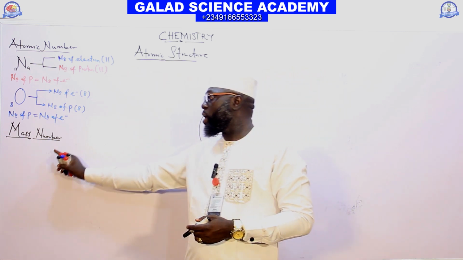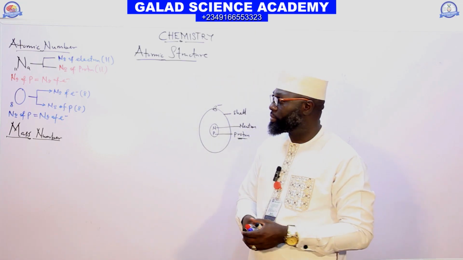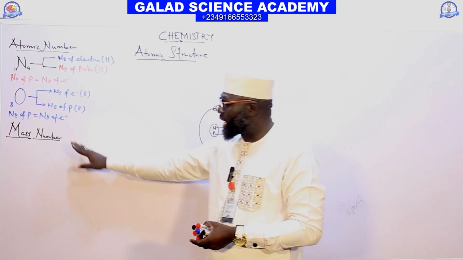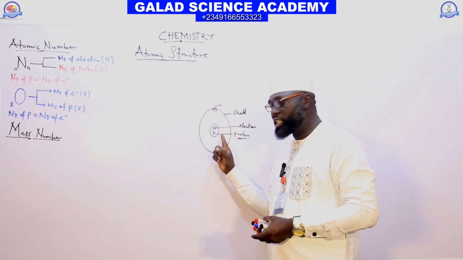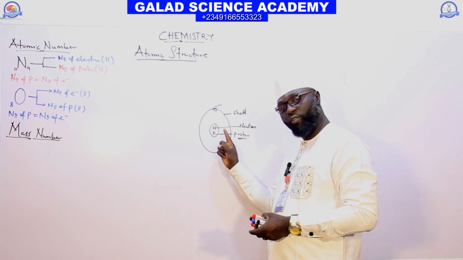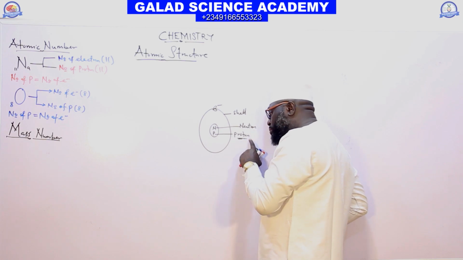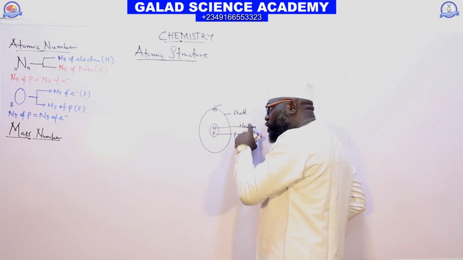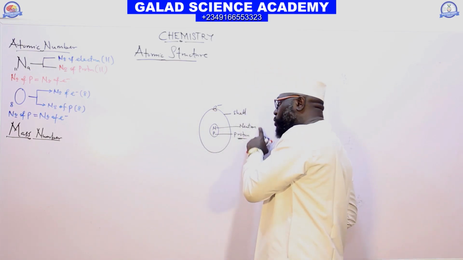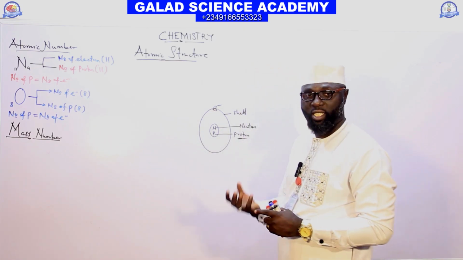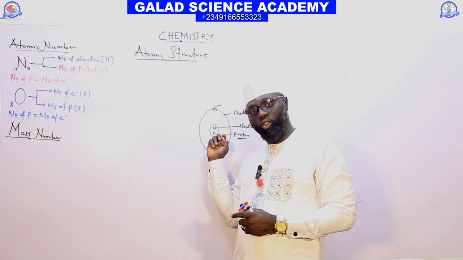The mass number of any element is the total number of protons and neutrons in the nucleus of an atom. The sum of neutrons and protons we have in the nucleus of an atom is called mass number. And these are the two particles that determine the weight or the mass of an atom.